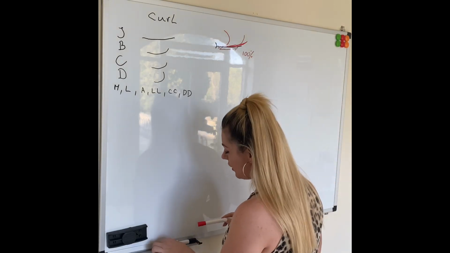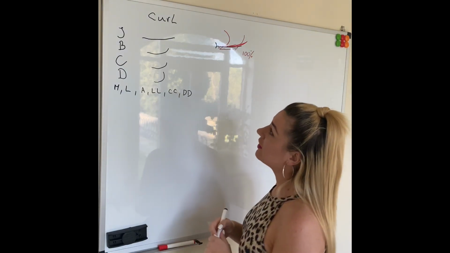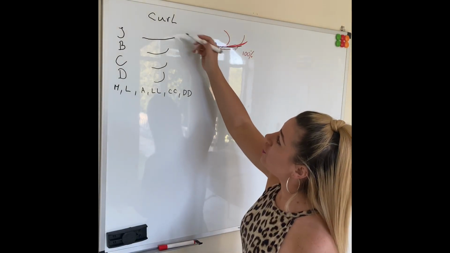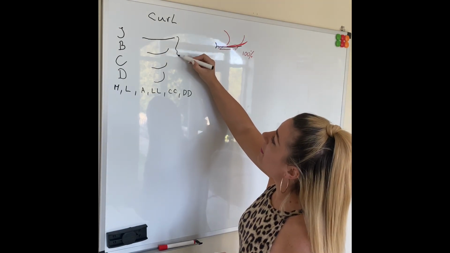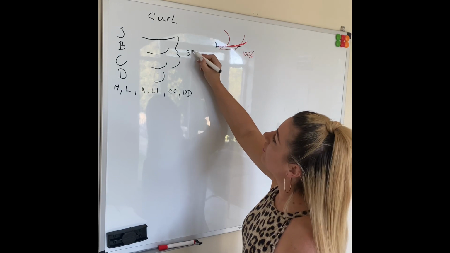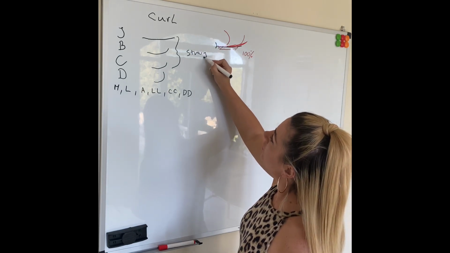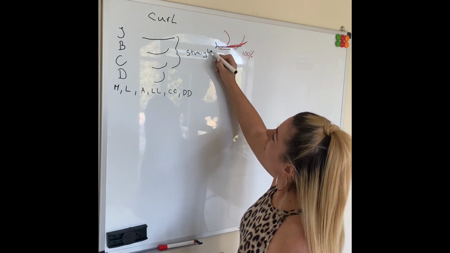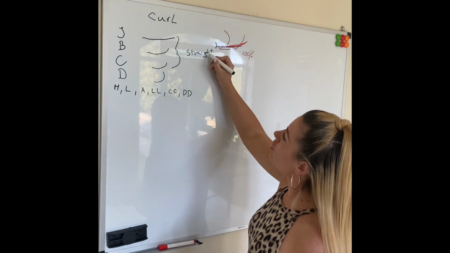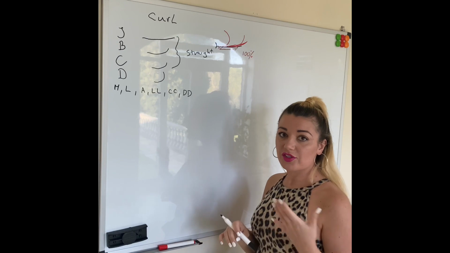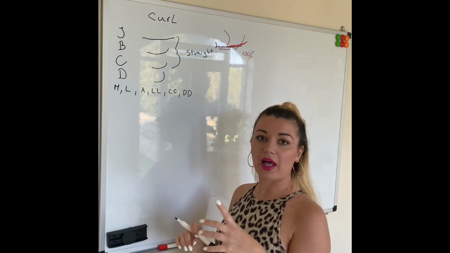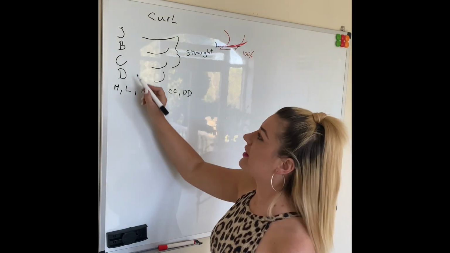Now, for you to understand again about the curls, I would say for straight lashes, I would be choosing J, B, and maybe C curl. That's for straight lashes. Okay, I personally think that the most popular in the industry is the C curl.